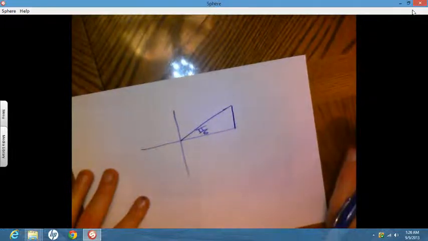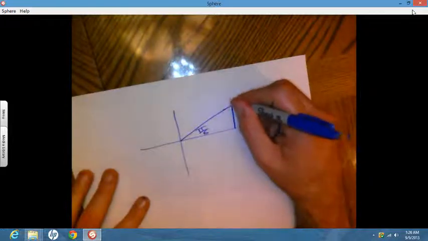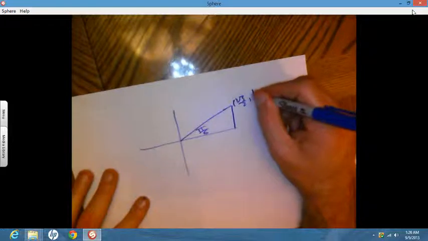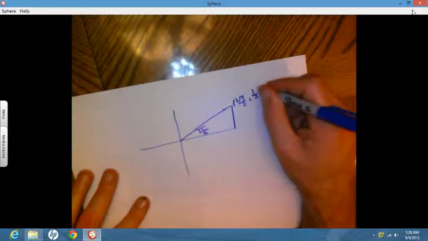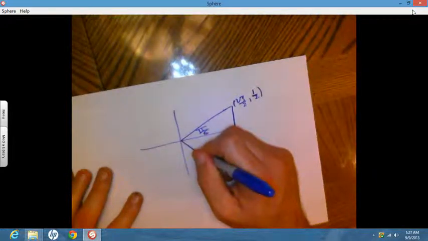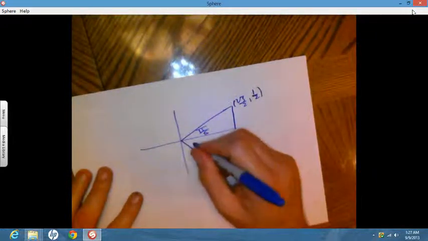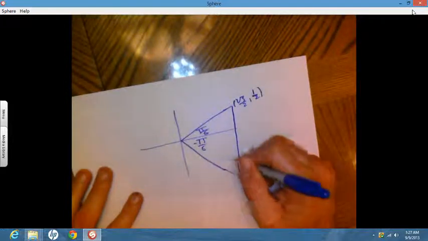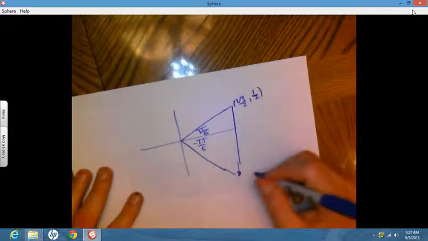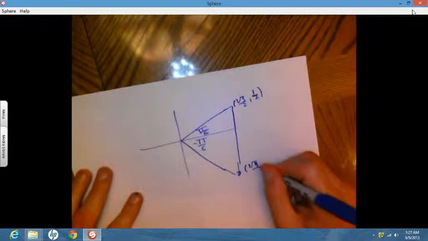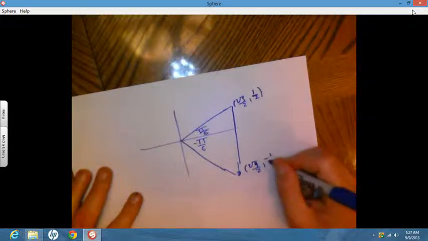And we can do the same thing over here. If we go negative pi over 6 as our reference angle, then on the unit circle, our x-coordinate over here is also going to be the square root of 3 over 2, and the y-coordinate here is negative 1/2. Basically, our reference angle in both cases is pi over 6, but here we're in the fourth quadrant, so the x is still positive and the y has to be negative.